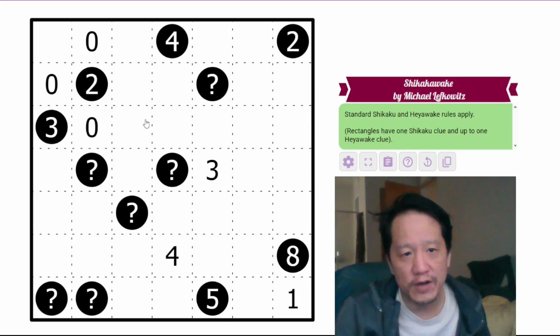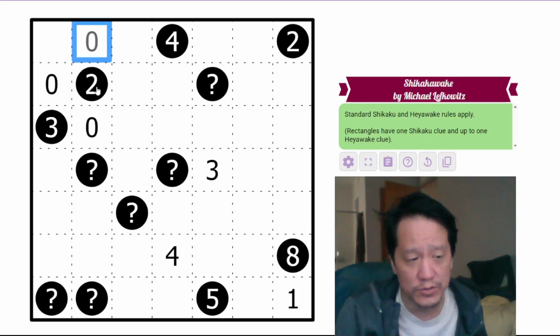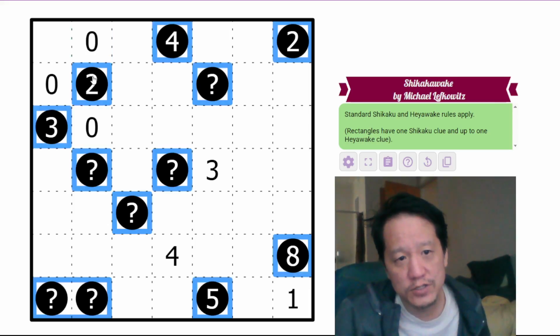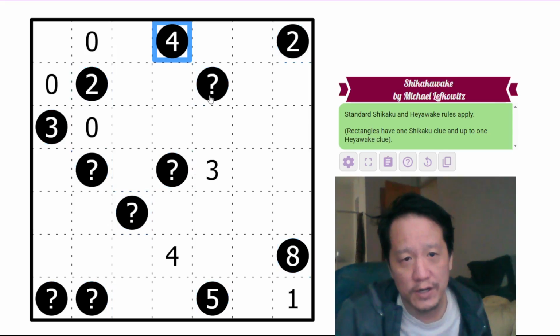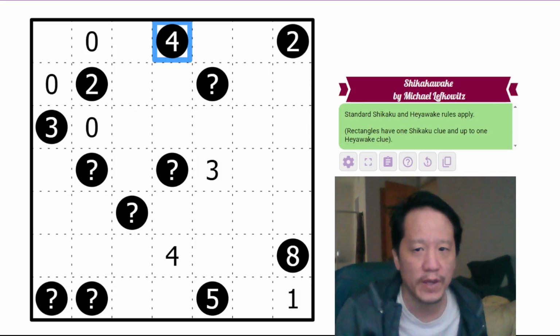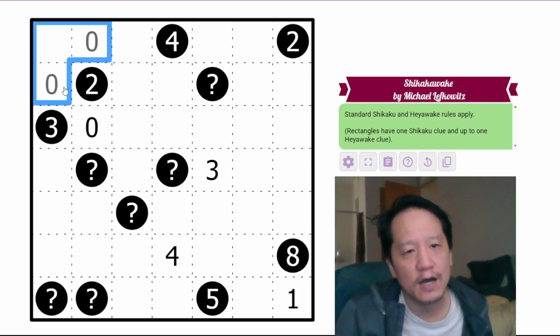Anyways, these zeros are saying that in those rooms there are 0 cells which are shaded in. The dark circles with a number or a question mark inside them: rectangles have 1 Shikaku clue and up to 1 Heiawake clue.